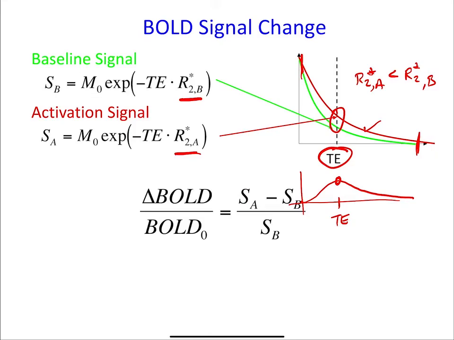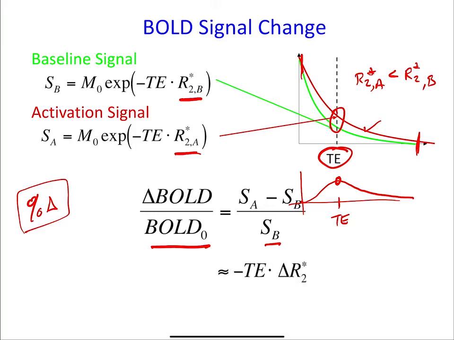The next thing we're going to talk about is the fact that in fMRI, typically we look at the percent change, or the percent delta. So we typically look at the change in BOLD over the baseline BOLD signal. That's the signal during activation minus the signal during baseline, over the baseline signal.